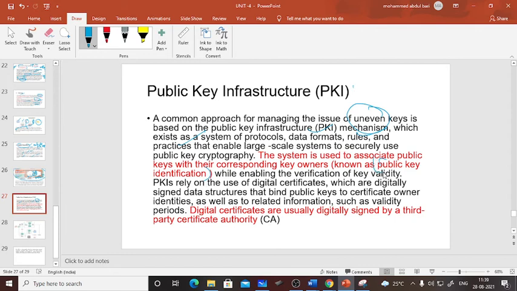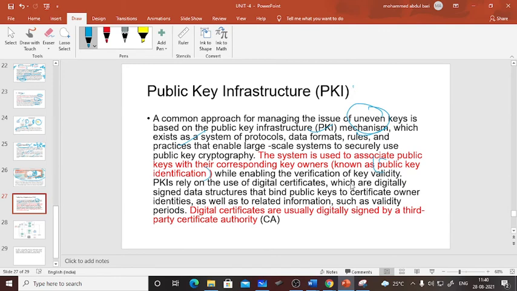Why are we using this? We need a certified digital signature certification. So there is a public key mechanism and public key infrastructure, and the organization approaches it to get a public key, enabling verification, key validation, and digital signature.